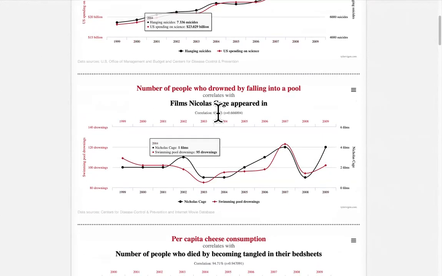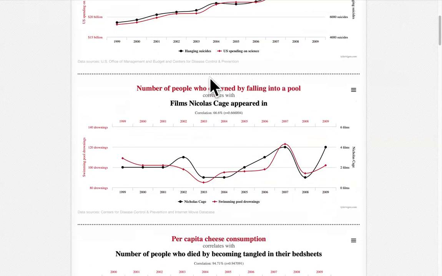Another example: this is the number of people who drown by falling into a pool. The other variable is the films Nicolas Cage appeared in. Interestingly, you can see again a very high correlation, from 1999 to 2009, about a 10-year range.